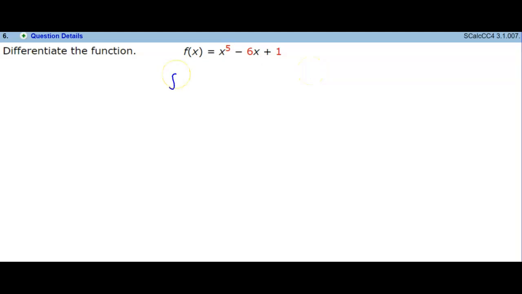So recall that to find the derivative of this function, we're going to take the derivative with respect to x of our function x to the fifth minus 6x plus 1. So now what we're going to do is find the derivative with respect to x of each of the terms.